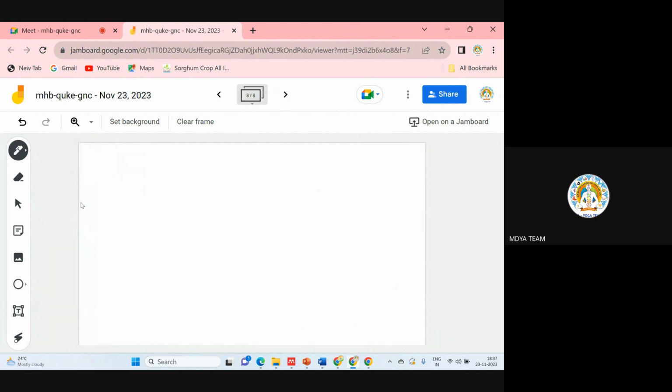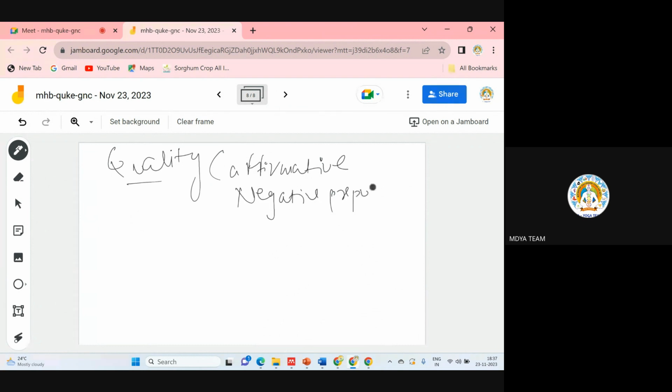The other is quality. Quality always talks about an affirmative proposition or a negative proposition. For example, we will just take this example: all cats are dogs.